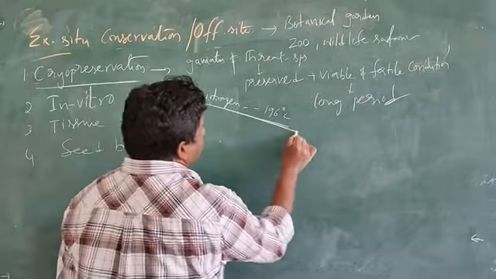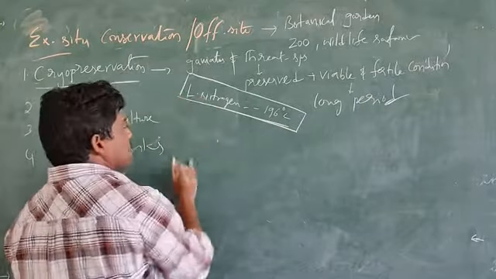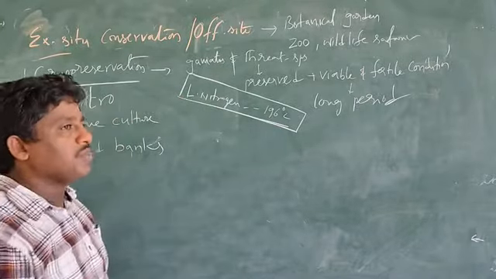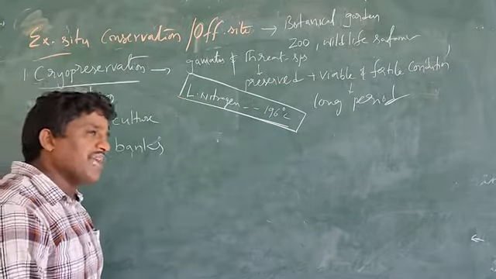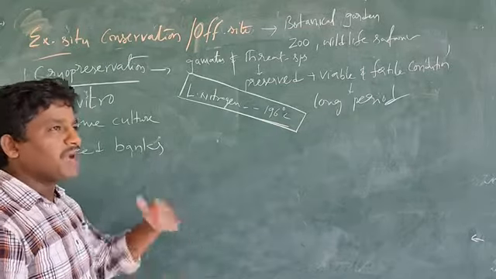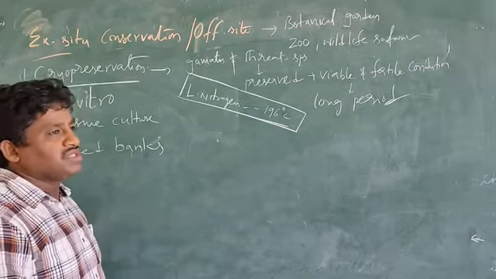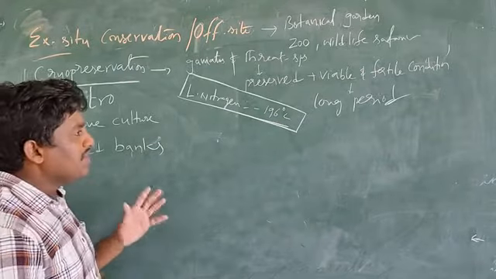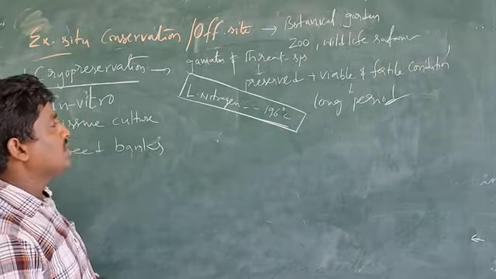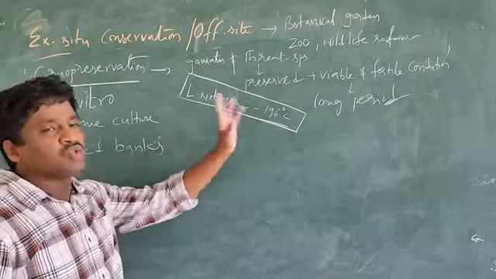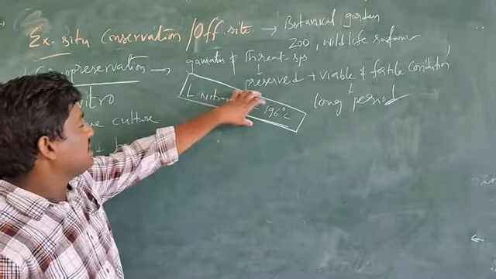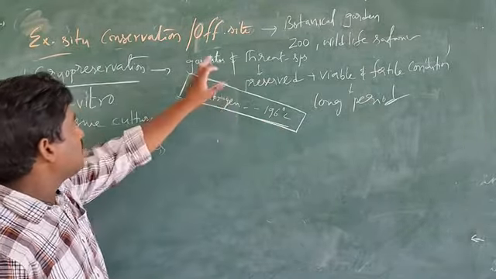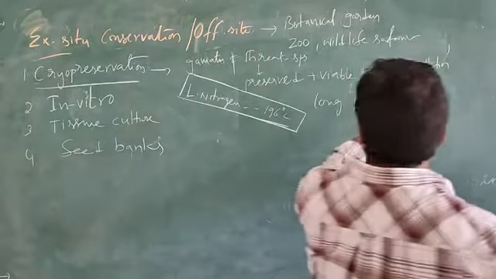So male gametes, female gametes, or any plant parts can be preserved for hundreds of years in liquid nitrogen at minus 190 degrees centigrade, in fertile and viable condition.